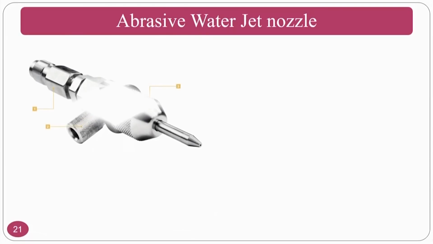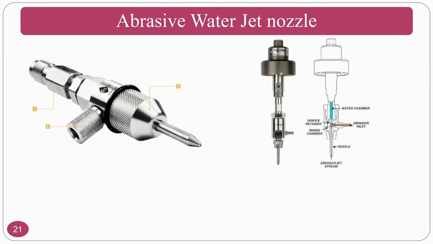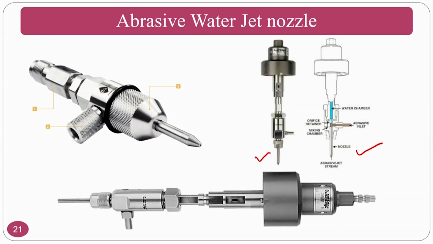Okay. So, these are the nozzles normally you can see, and you can see the anatomy of these particular nozzles, where this is the schematic diagram and this is how it practically looks. This is for your better understanding, and this is a complete nozzle, how it looks as a whole.